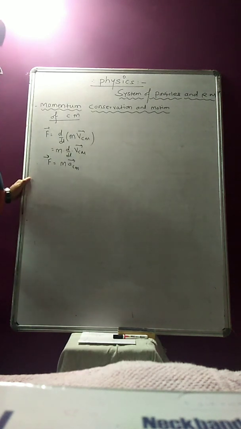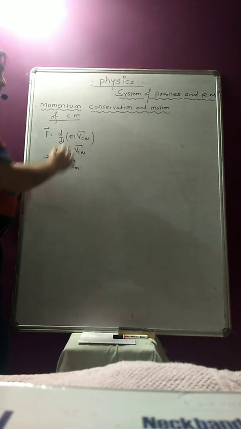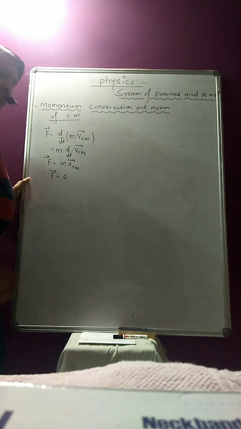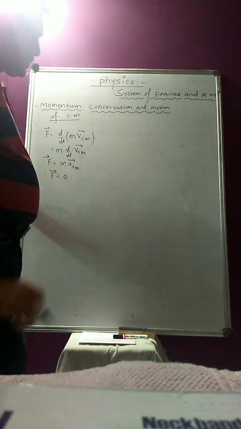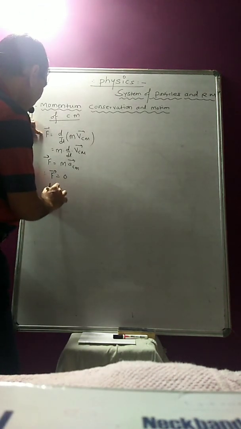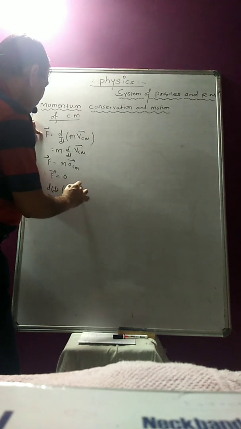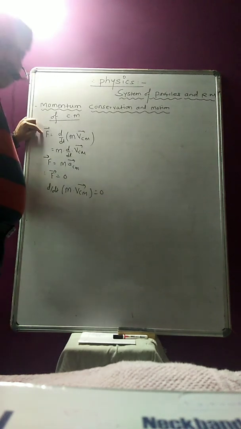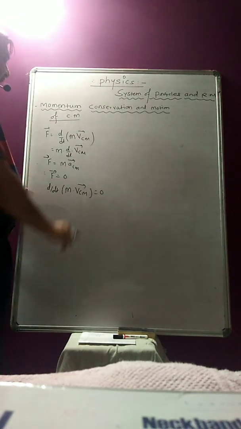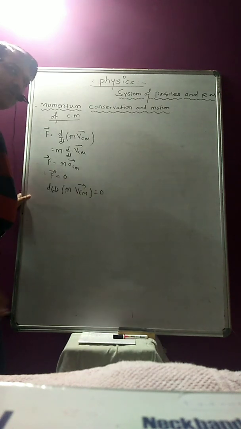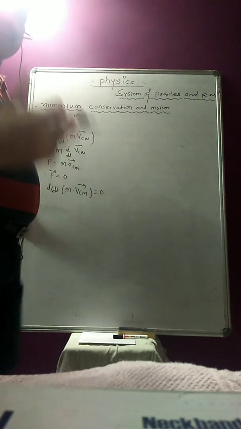But now if you want to find out the conservation, suppose the external force acting on the system is 0. Then we can say that d by dt of m into the velocity of the center of mass is equal to 0. Now, the derivative of a certain term being 0, what can we conclude?